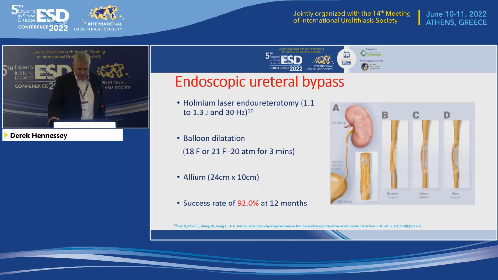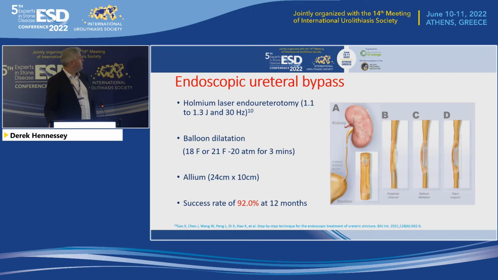This is something which came out in the BJUI towards the end of last year, and it's from some Chinese authors, and they called it urethral bypass. I've changed the name to endoscopic urethral bypass because there's other ways to bypass the urethra.